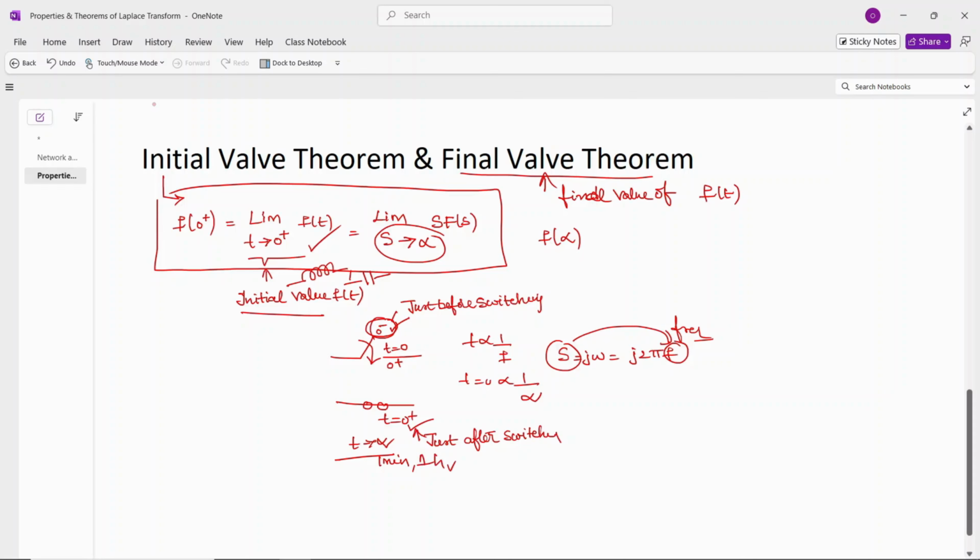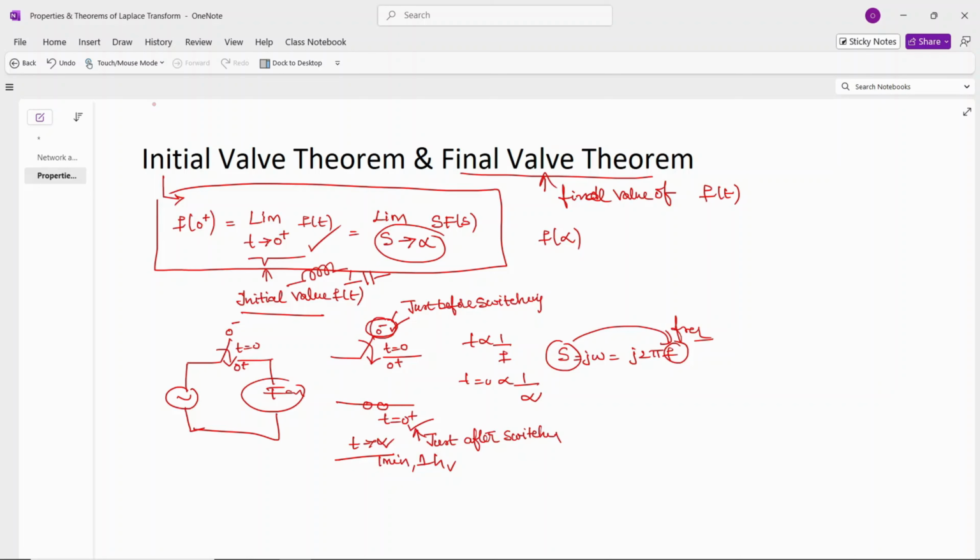Initially, understand that we are connected to a fan, and we are giving some AC supply to the fan. The switch was in the off condition at t equal to 0 minus. At time t equal to 0, we closed the switch, and now after closing it is at t equal to 0 plus.